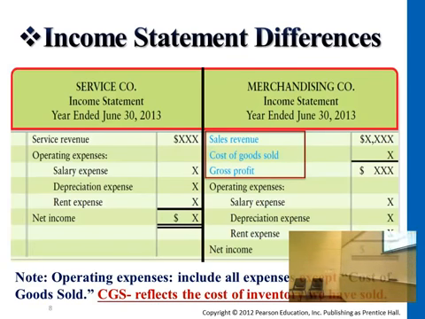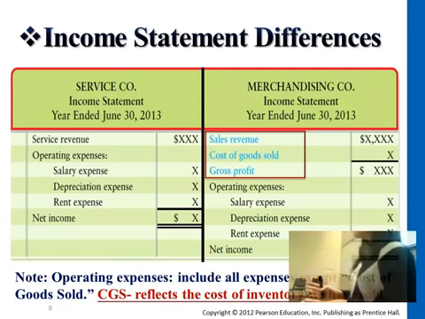So you will see cost of goods sold expense, which again only relates to the inventory account, listed right up front underneath sales revenue. The focus here is that we want to know, based on the inventory that we sold out to customers, sales revenue, and the original cost of the inventory, cost of goods sold, what is the gross profit that we generated just based on these 2 accounts?